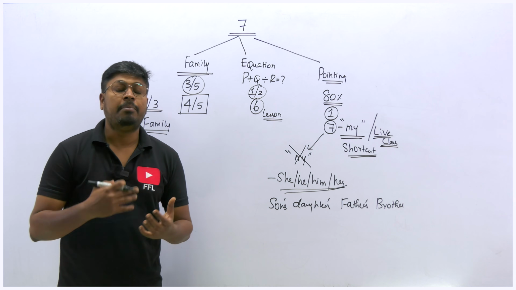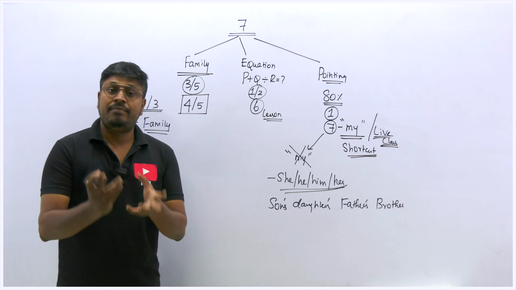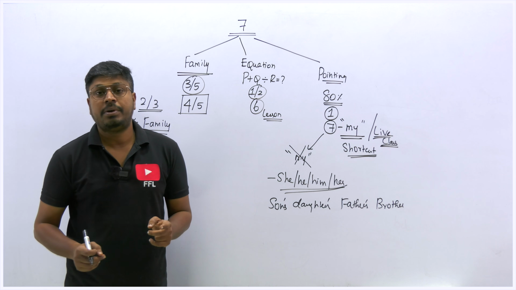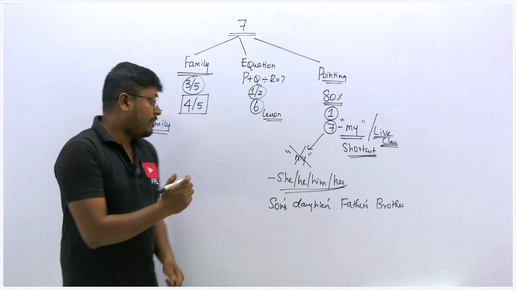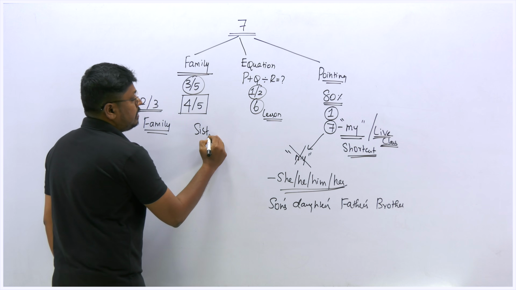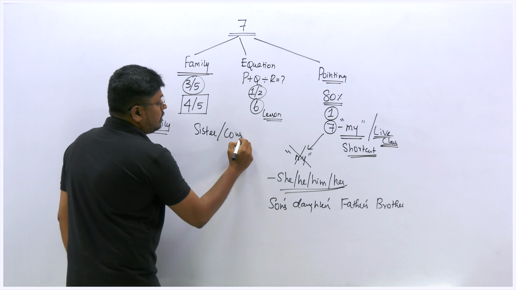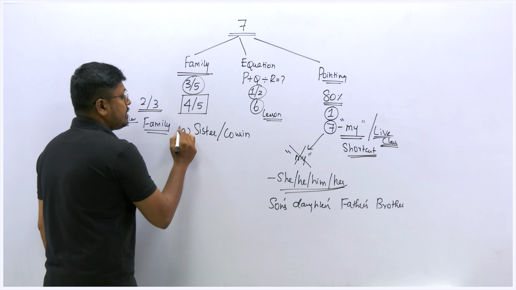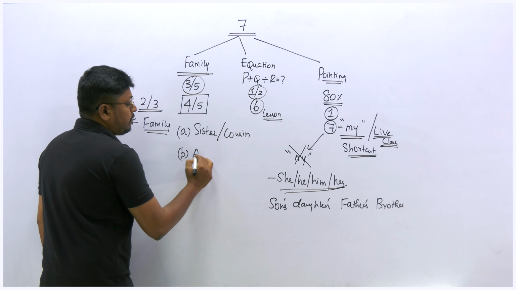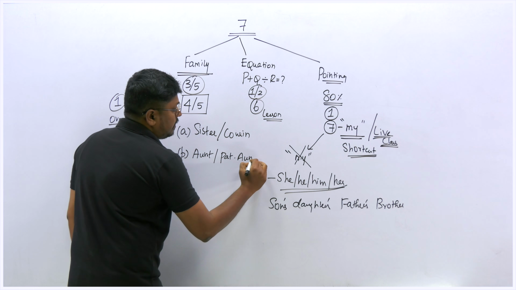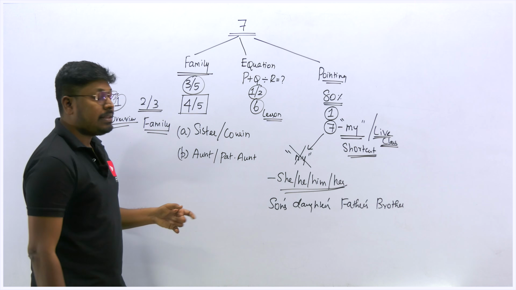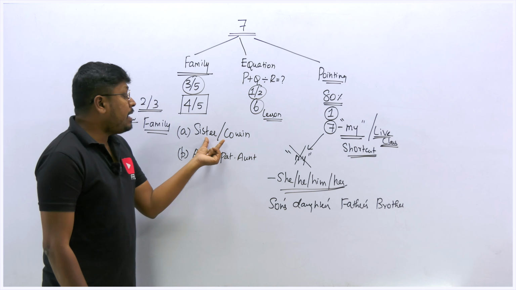It requires more and more practice, and every time before solving a blood relation question, first you have to look at the options, how the options are, whether the options are like sister or cousin. If option A is sister or cousin, second, aunt or paternal aunt, that means we have many possibilities.